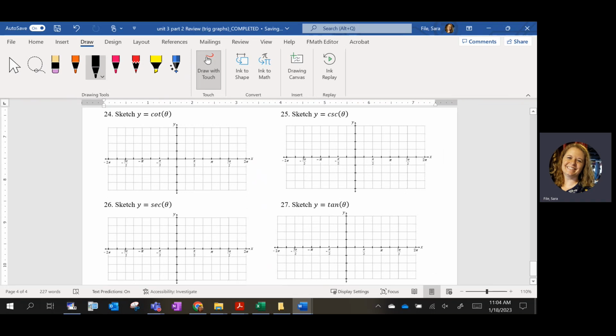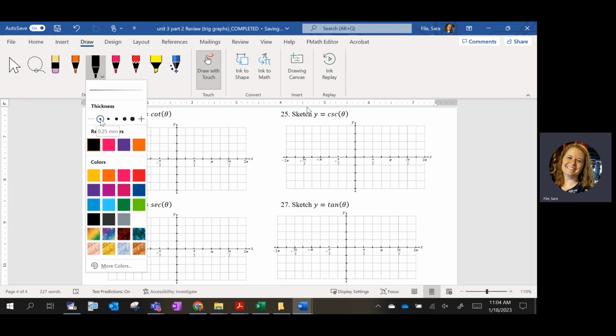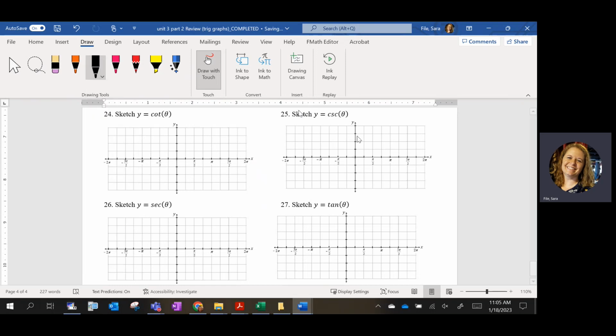What is cosecant the reciprocal of? Sine. Very lightly, and you can do this as a dashed line, I am going to sketch a sine graph.